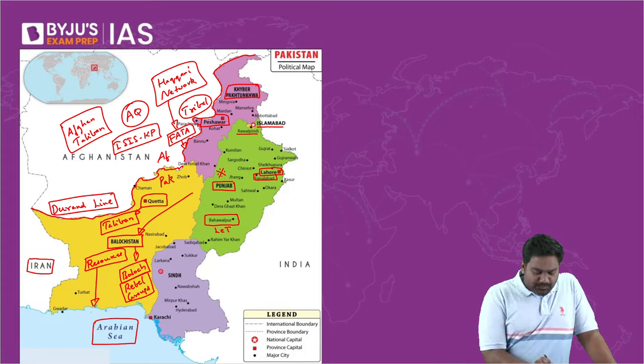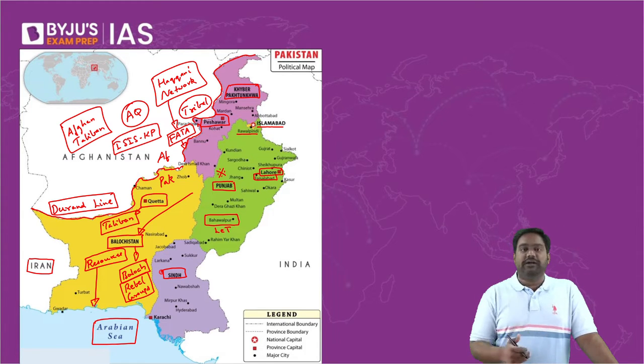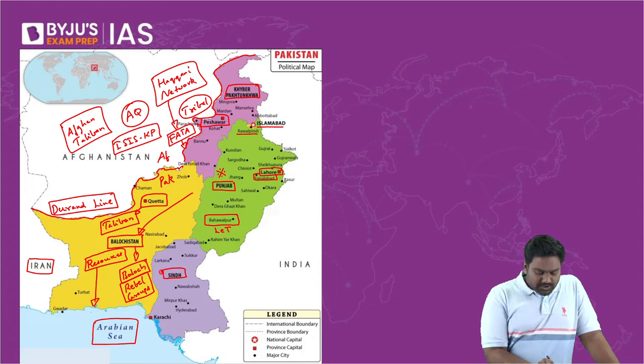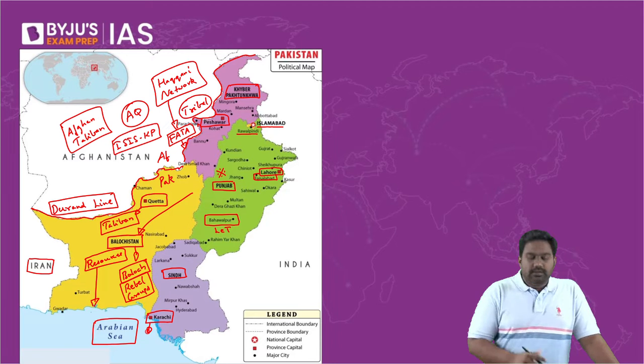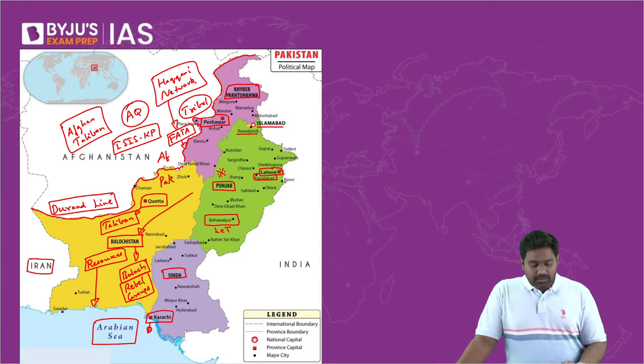Then you have the Sindh province, which is an extension of India's Gujarat, right? When India-Pakistan were partitioned, this area was also divided, which would become Sindh for Pakistan, Gujarat for India. So this is where you have Karachi, the major commercial city, a naval base and a port as well, which faces the Arabian Sea, and also a hub of organized crime and terrorism.